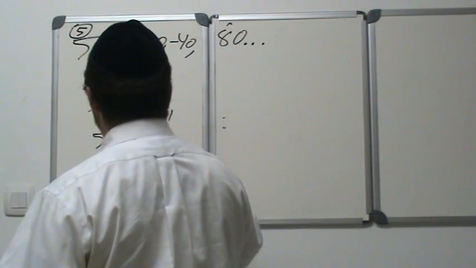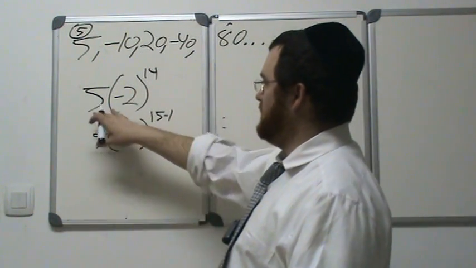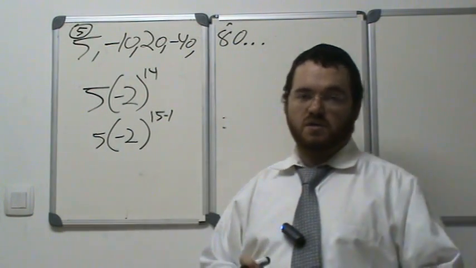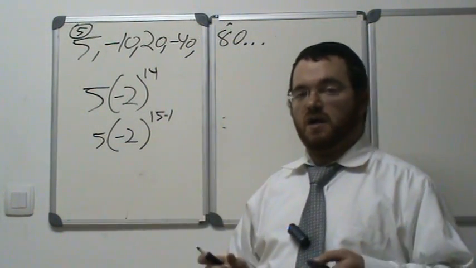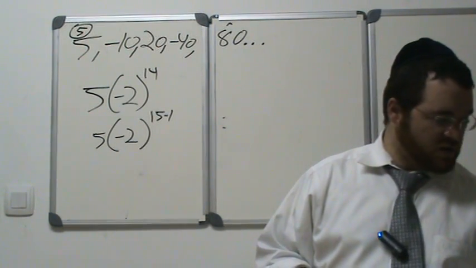However, you already have the first term, so you have to subtract one from the power. That's why it's only 5 times negative 2 to the 14th power, because the first term you have. So you only have to multiply by negative 2 14 times. Therefore the correct answer is answer 3.